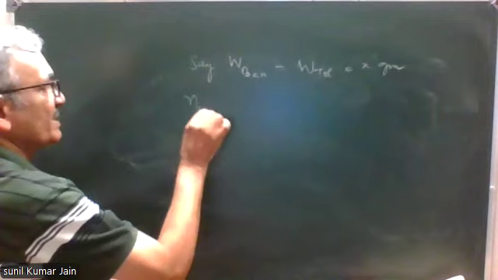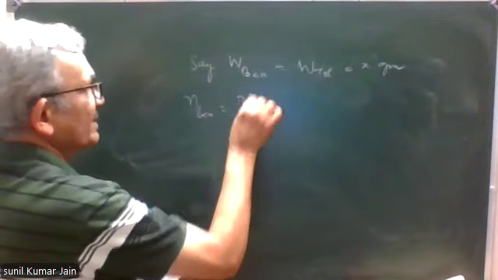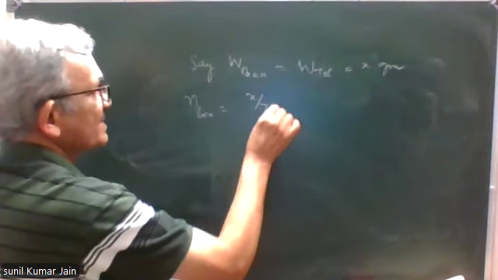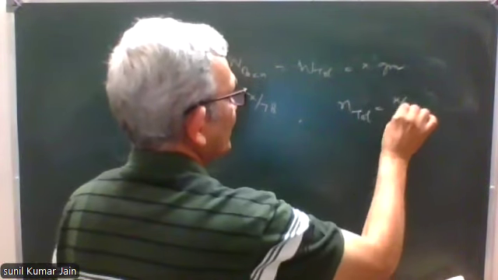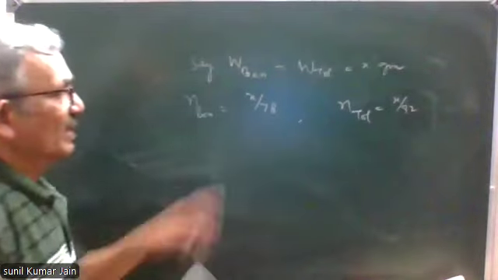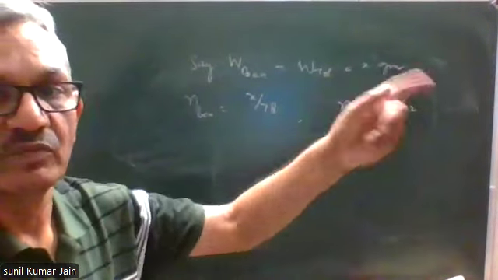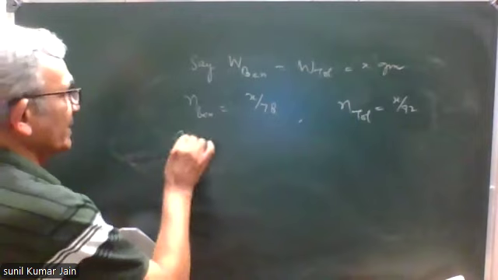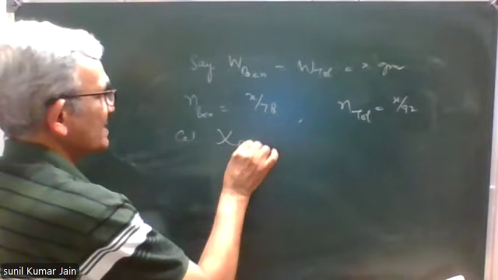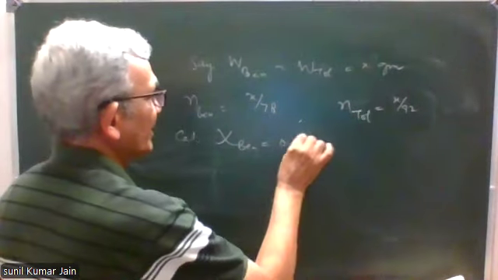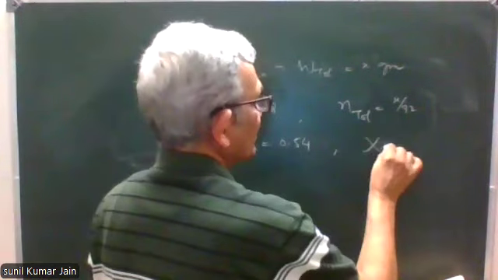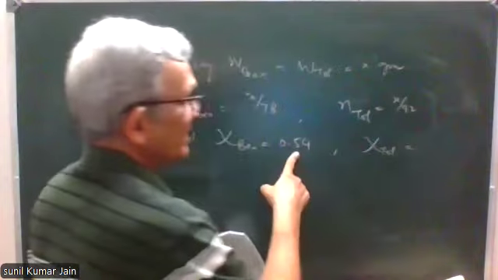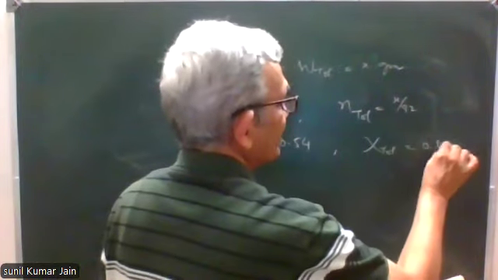So the number of moles of benzene will be X divided by 78. Number of moles of toluene will be X divided by molecular weight 92. From these numbers of moles, calculate mole fraction. So the mole fraction of benzene will come out to 0.54. X will cancel out. And the mole fraction of toluene will be 1 minus this, that is 0.46.